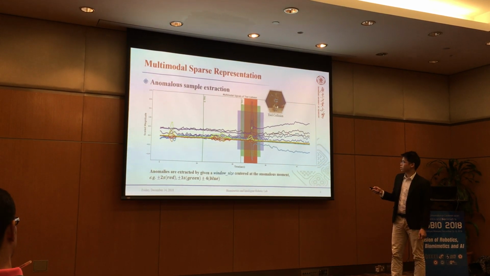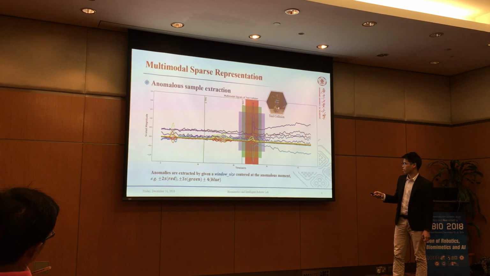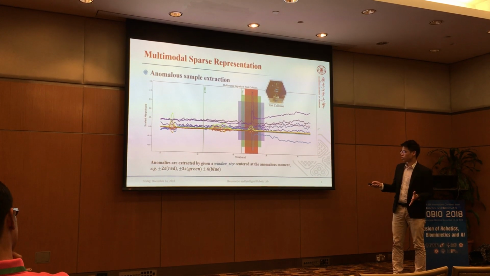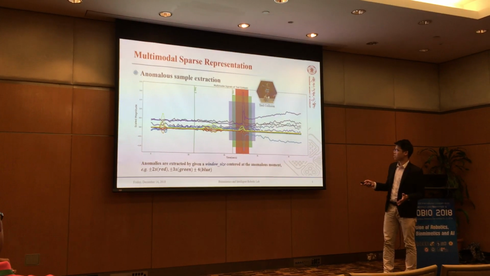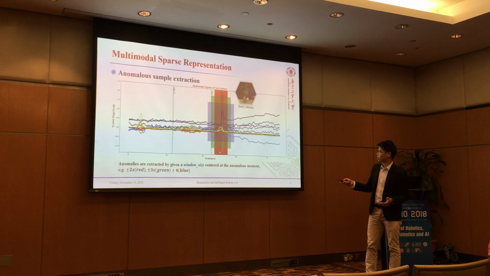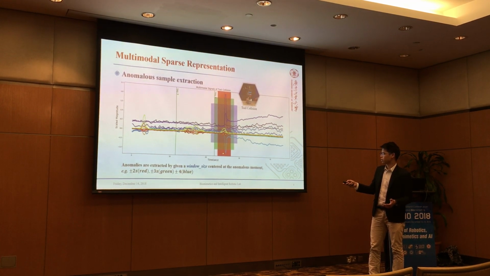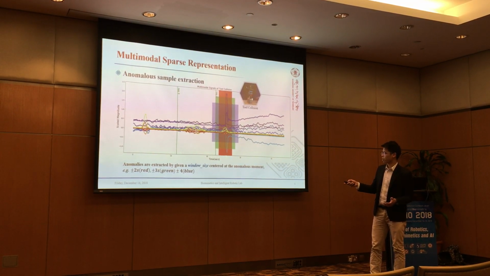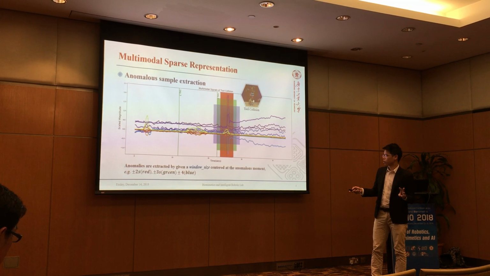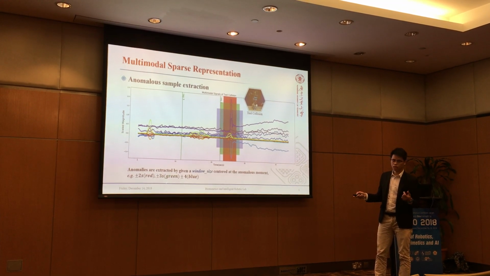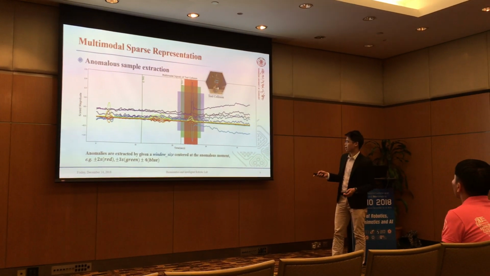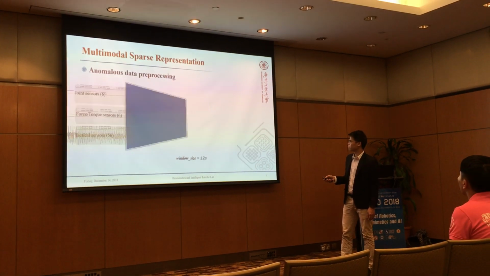If an anomaly happens at about 25 seconds, we take a window centered at the anomaly moment: 2 seconds before the anomaly moment and 2 seconds after it. The left part means this is 4 seconds representing the anomaly. The green color represents the anomaly samples in 6 seconds.